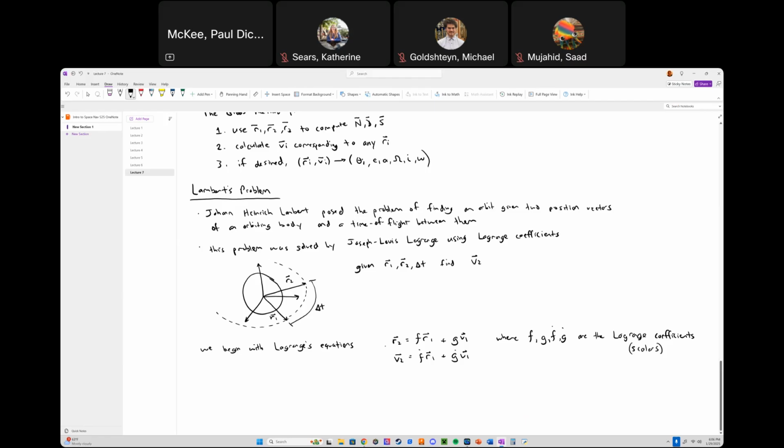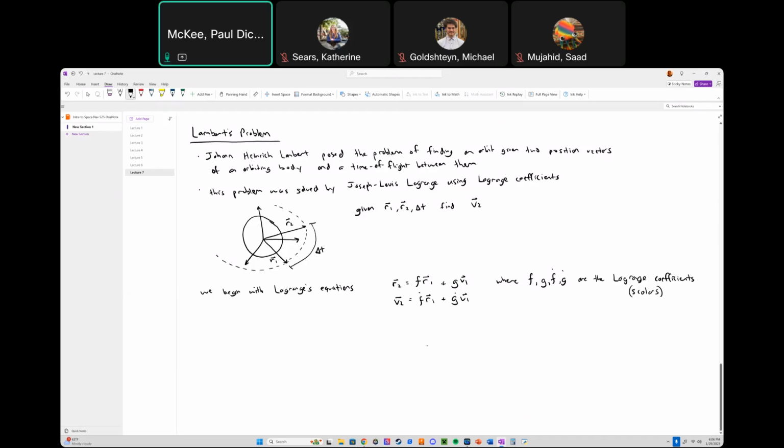All right. So let's go through. We're all about the velocity because we know the positions. So you could say that V1 is 1 over g, R2 minus f R1. And then V2, which is the one that we're after right now, is 1 over g dot R2 minus R1.